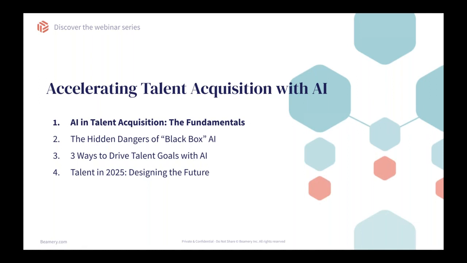But we are going to get into more subjects and more areas around this theme of AI with our next session, the panel about the hidden dangers of so-called black box AI. We're going to talk a lot more about use cases of AI to drive results, as opposed to use cases that are more about the technology itself than about how suitable it is for you.